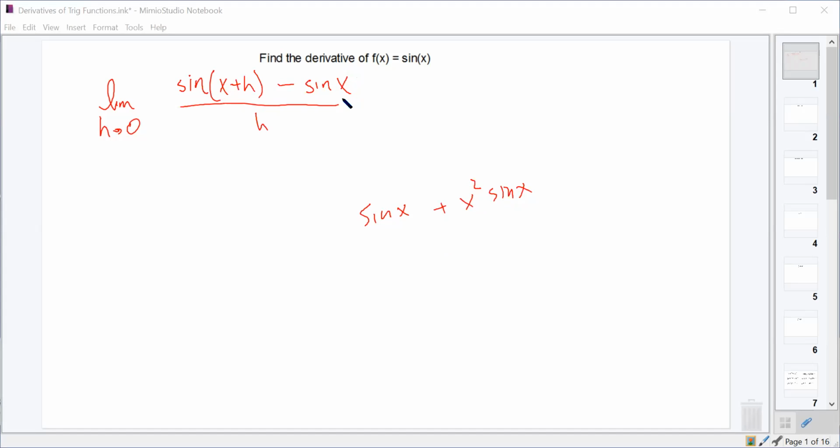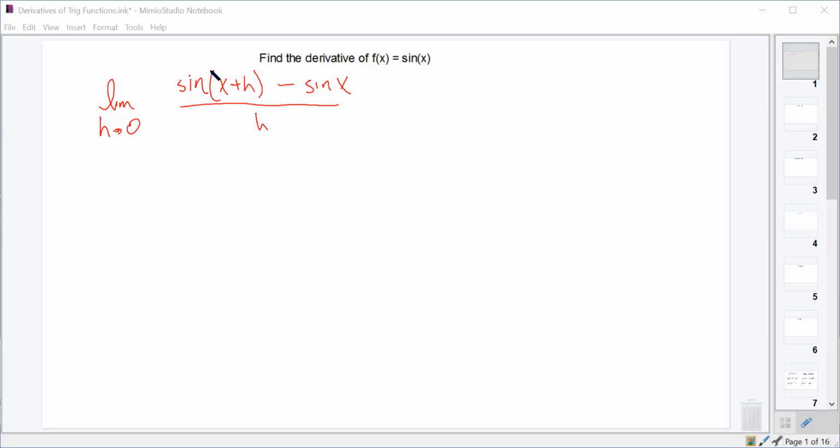And so I can't. Isn't there something you can do to convert sine of x plus h into something else, like with one of the trig functions? Yes, there is a trig identity for the sine of a plus b. It's not one that I asked you to memorize, but the papers I gave you said to be familiar with these at least.